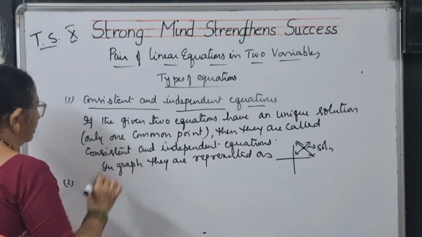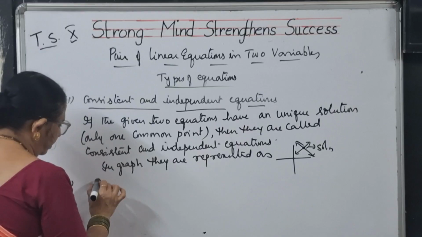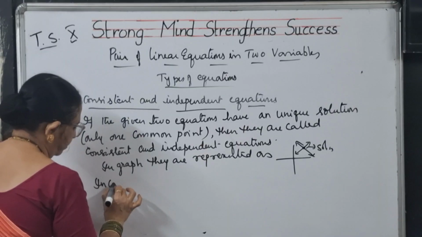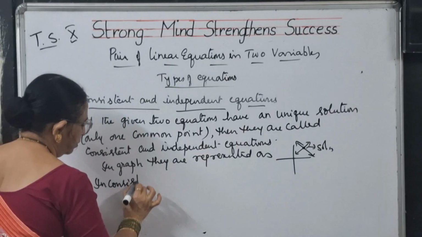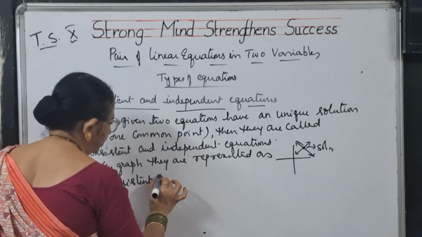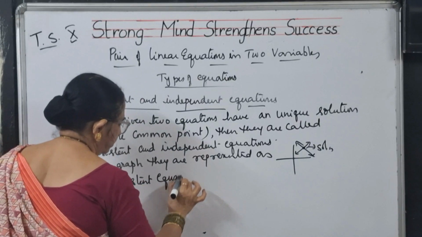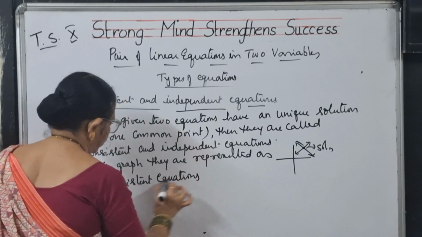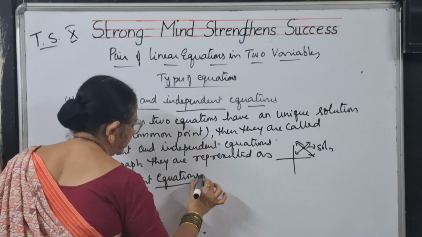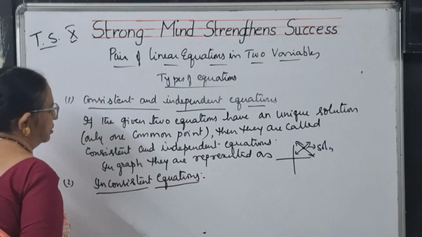And the second one is inconsistent equations. Now, what are these inconsistent equations?